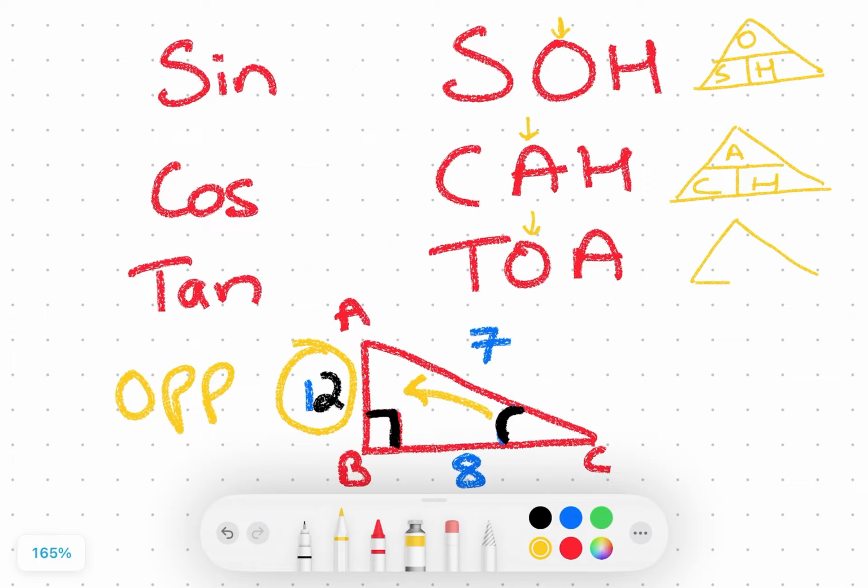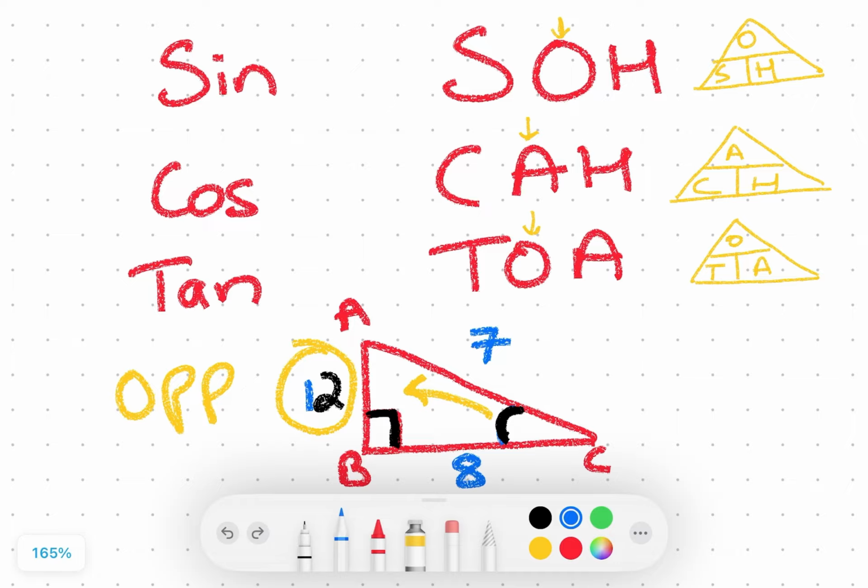Just remember the middle letter goes on top and the other ones go on the side. Say for example, if I wanted to find O, it's T times A. Or if I wanted to find A, it's O divided by tan. So we just need to ensure that we learn this.